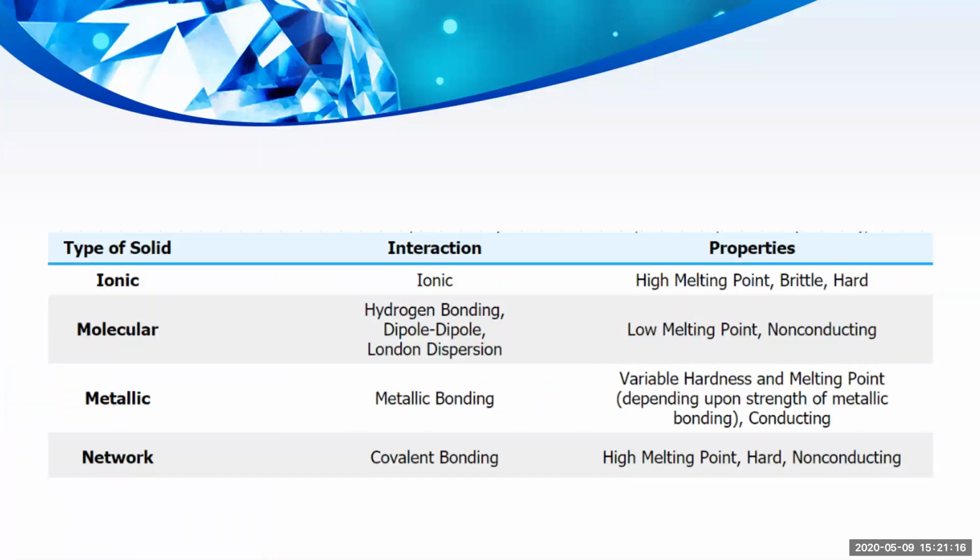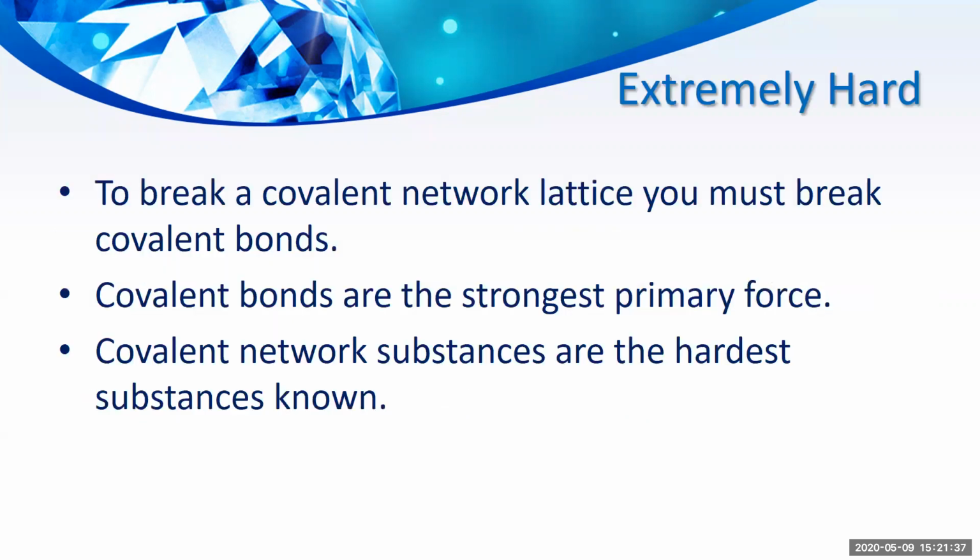So looking at the properties of solids, we're looking at the bottom row here, the covalent network solids. The bonding within that solid is covalent. The properties: they have very high melting points, they're very hard, and they don't conduct. Let's have a look at why that might be.